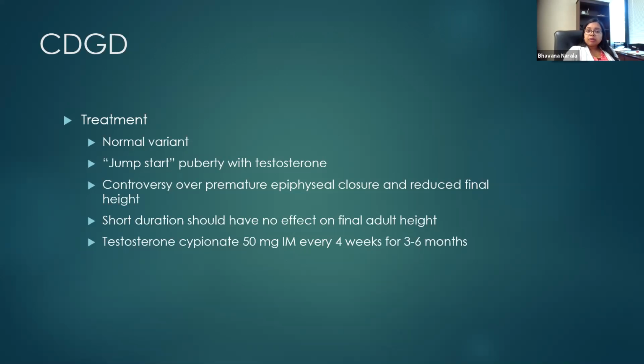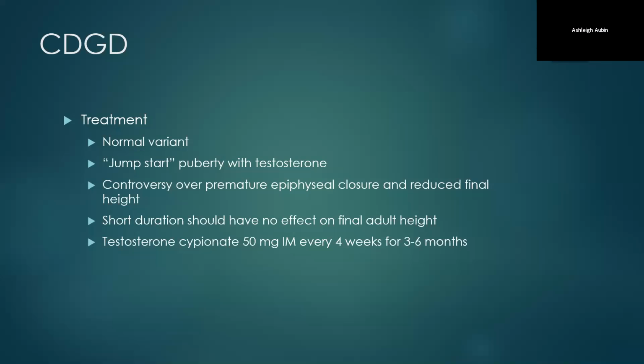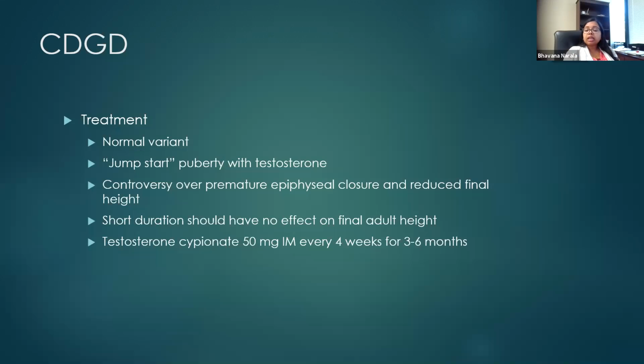There is some controversy over premature epiphyseal closure and reduced final height. I don't know how true this is. They usually use a short duration of like 50 milligrams IM every 4 weeks for 3 to 6 months, which should really have no effect on final adult height. However, treatment for like 12 months to a year will probably lead to some effect on final adult height.